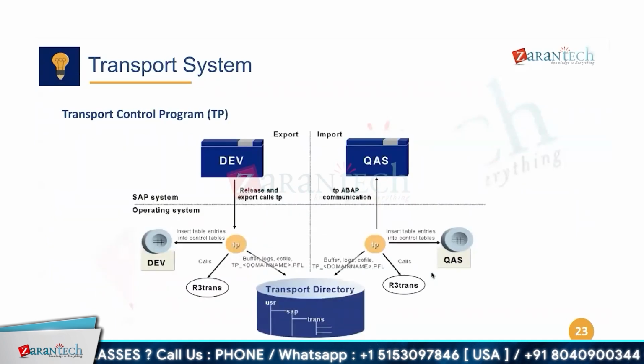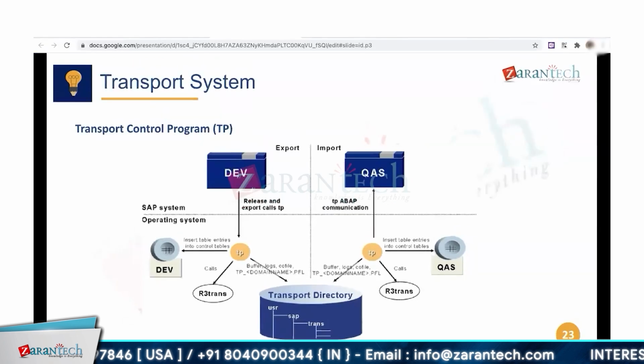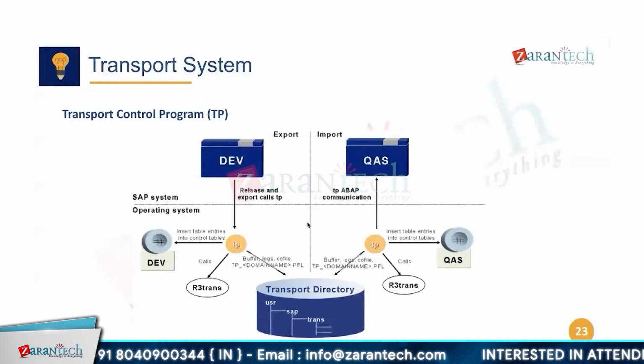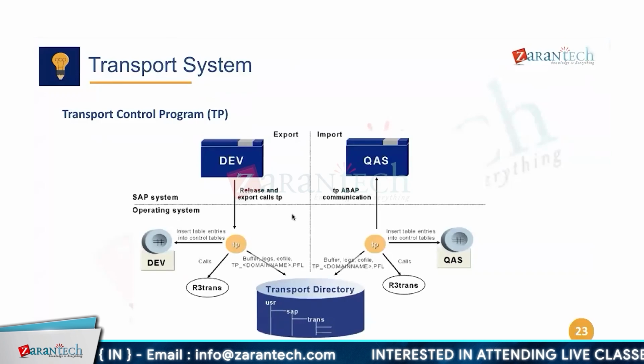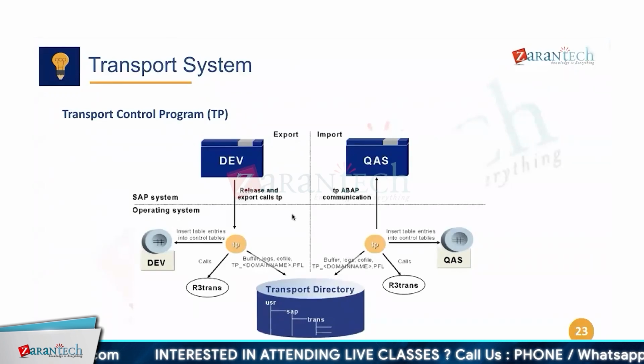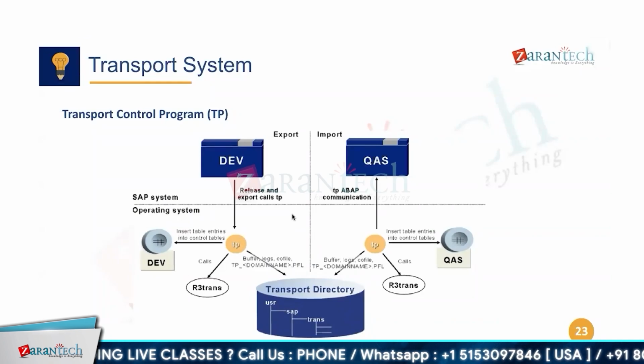This one, TP program, RSTP test. Let me ping you in the chat, or in the discussion. In your landscapes, you can execute this RSTP test. This is the program SC38.